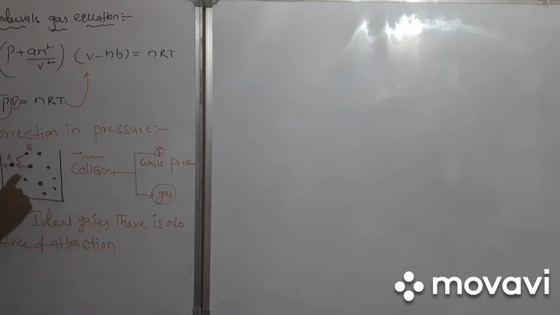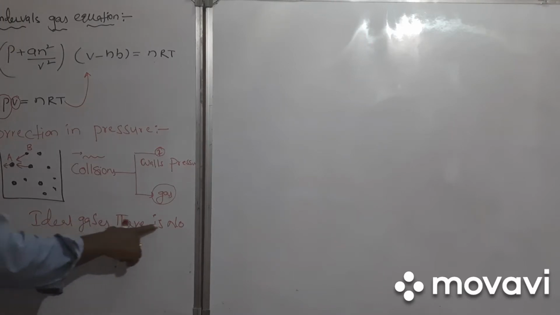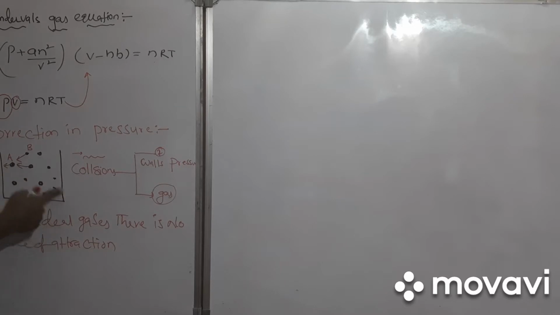But in real gases, a force of attraction will be there. So we are taking a real gas, and that's why attraction force will be there. In ideal gases there is no force of attraction, so if I take an ideal gas in this container, then B type molecules will not be there, only one type of molecules will be there.